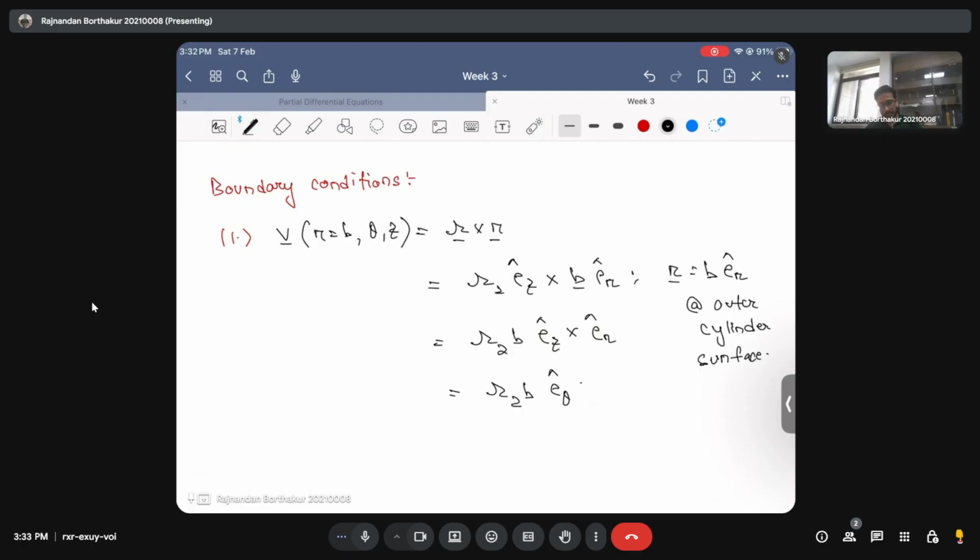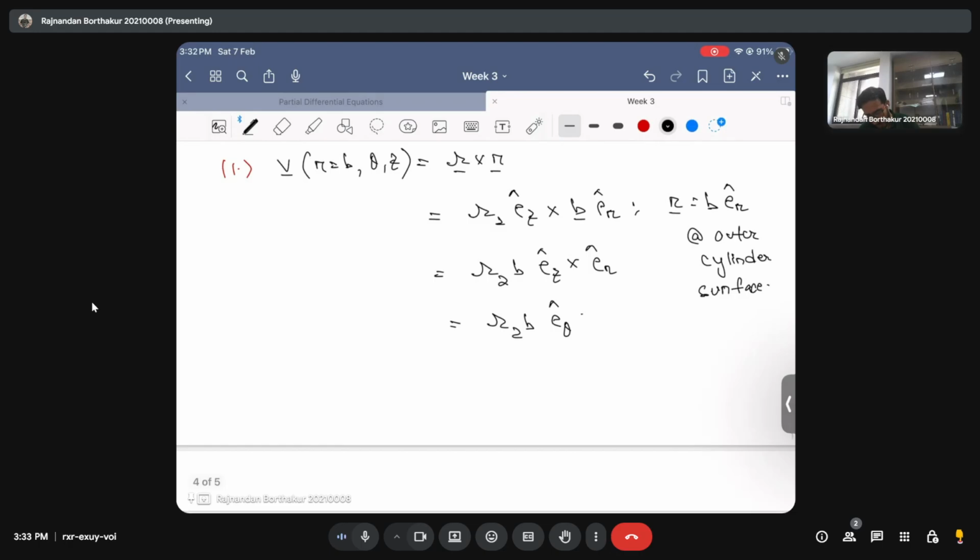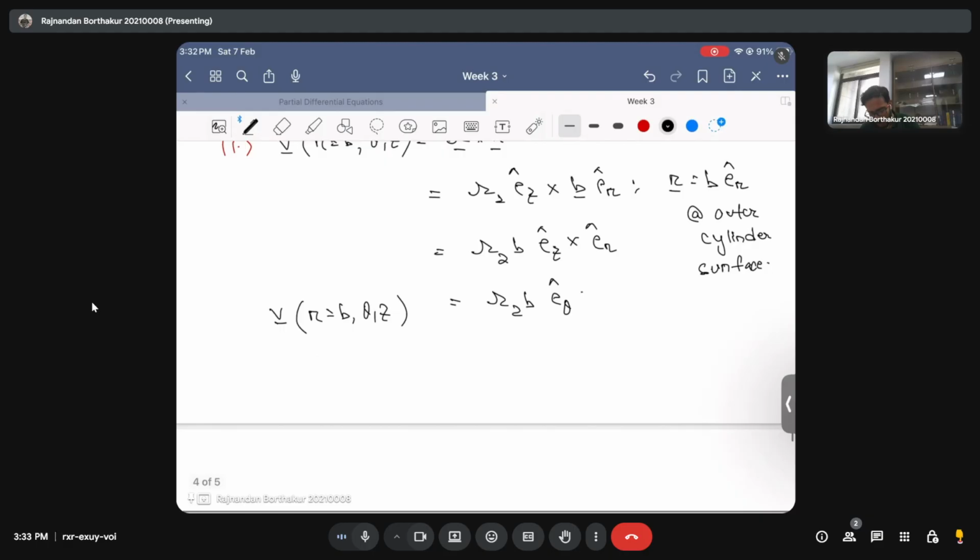Which means my velocity field at r equal to b, for all theta and all z, has just one component, which is u theta. This is important and you need to understand it. So u theta at r equal to b, for all theta and z, is going to be omega 2 times b.